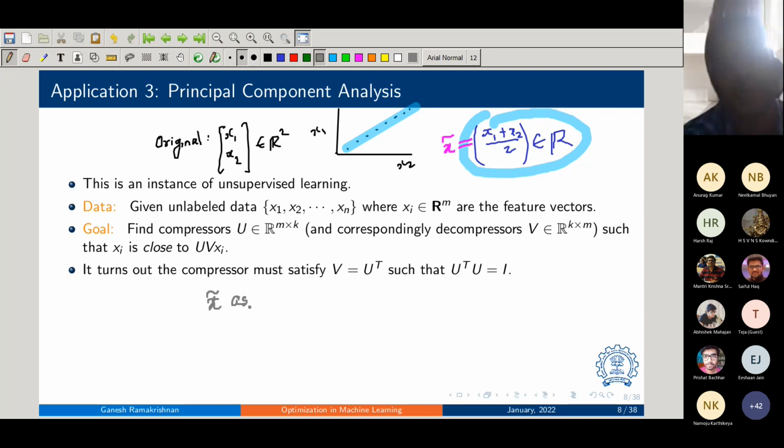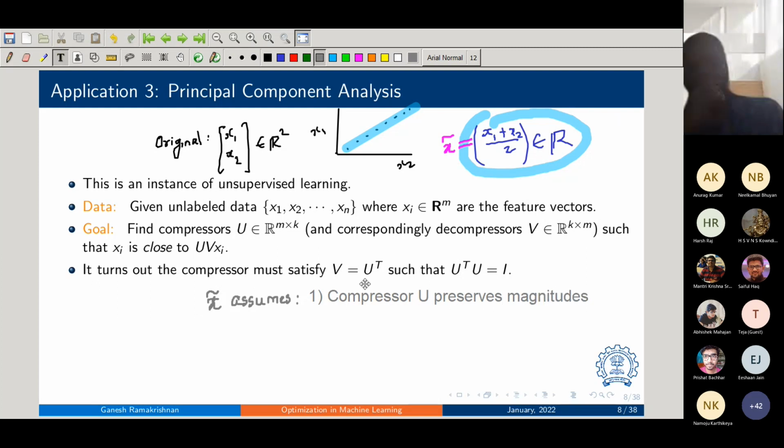that x tilde and the corresponding decompressor assume the following: that the compressor is preserving magnitudes. Okay. What does it assume? I'll just type it here. The compressor U preserves magnitudes. What do I mean by magnitude?